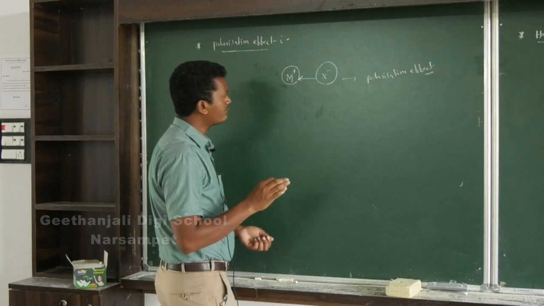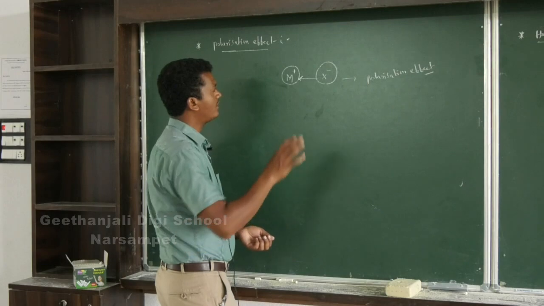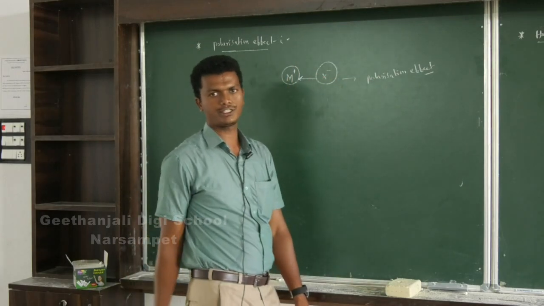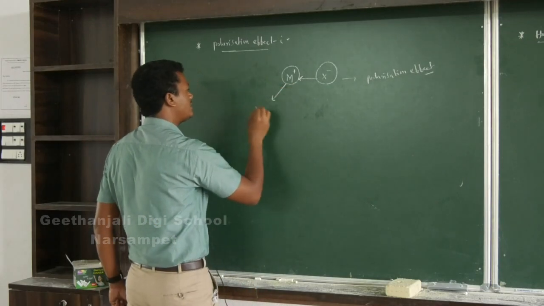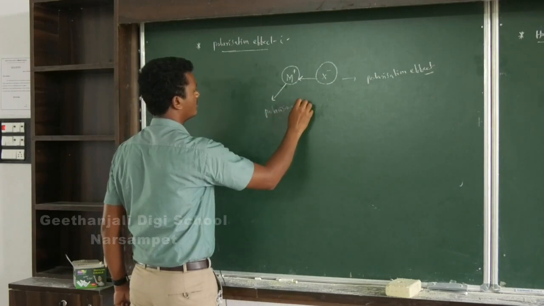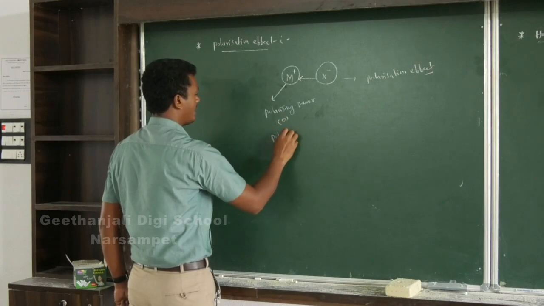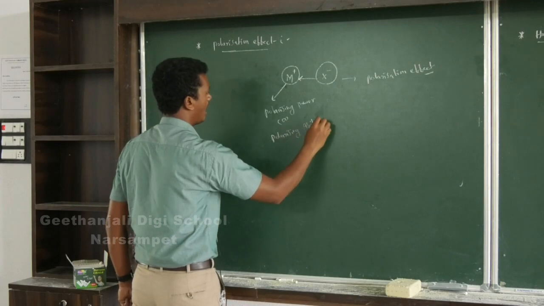The process of distortion of electron cloud of halide ion by the metal ion is called polarization effect, and that power is called polarizing power or polarizing ability of metal ion.